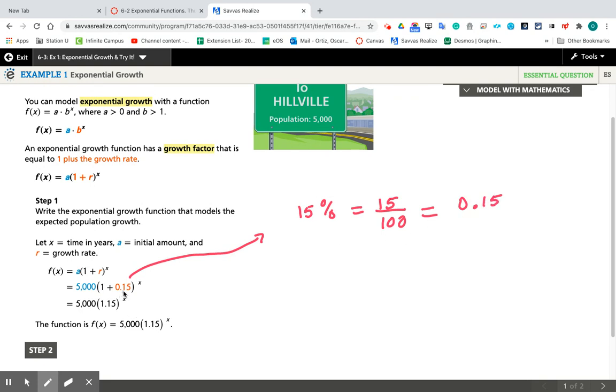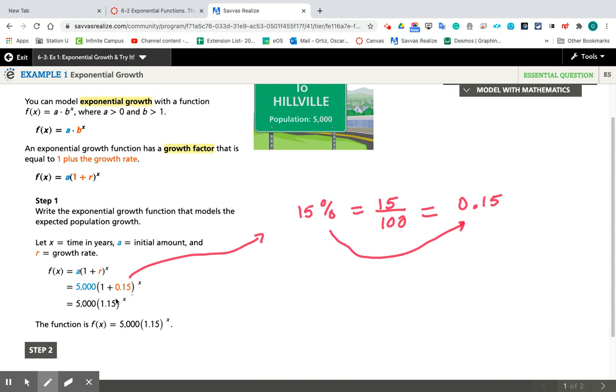So this is just that same percentage that you see the population is increasing, only it is written as a decimal. Okay, so it's no longer written with the percentage symbol, but as a decimal.